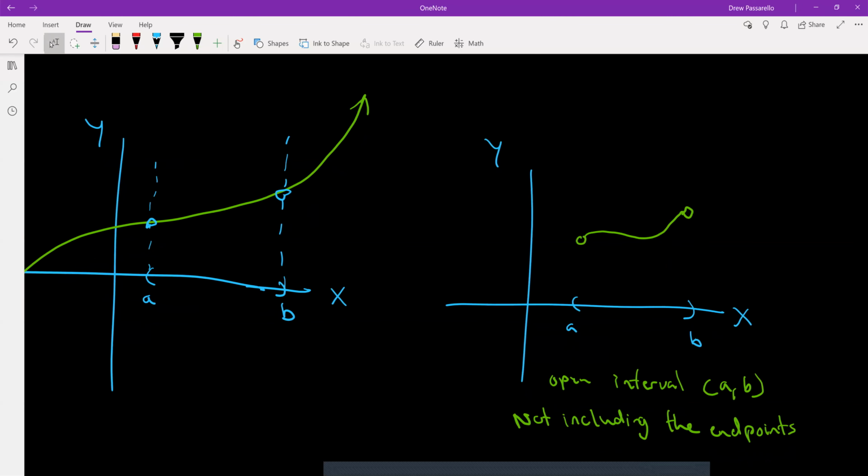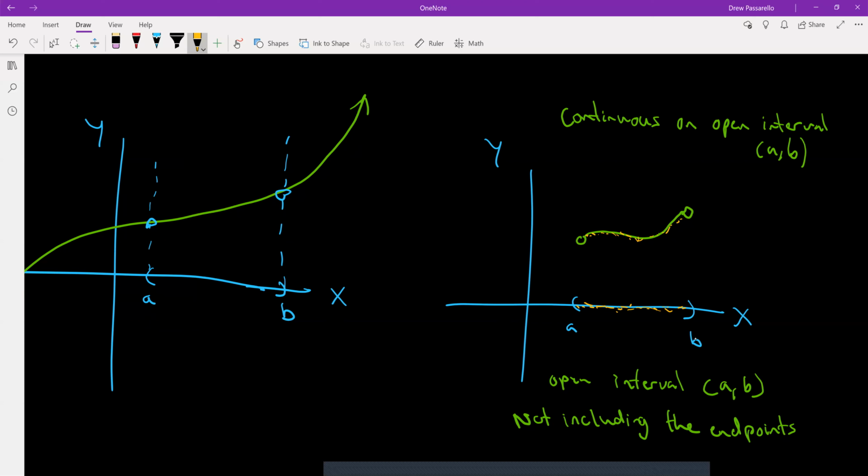So the open interval is going to consist of infinitely many points. All these points, x values that are inside this interval, they correspond to the graph right here, and they all are supposed to be connected. So I want to talk about what does it mean to be continuous at a single point, a single one of these points.